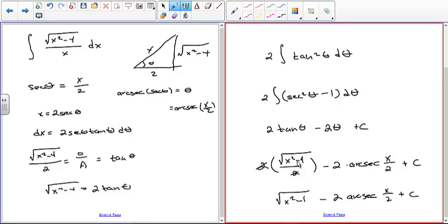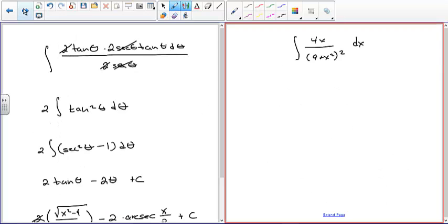Okay, let's go to the next one. Which substitution are we going to use here? The sine, the tangent, or the secant? Tangent, because you're adding stuff together. Now we don't have the square root of 9 plus x squared.